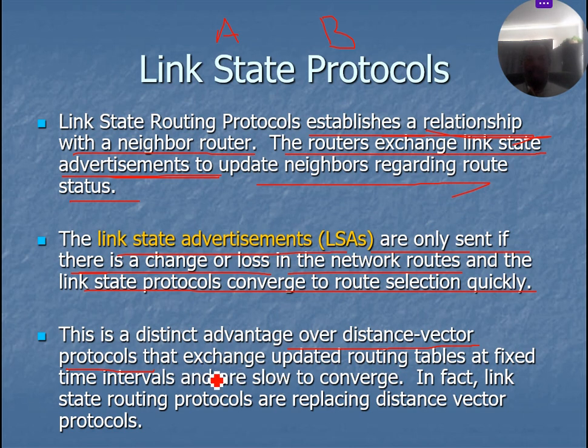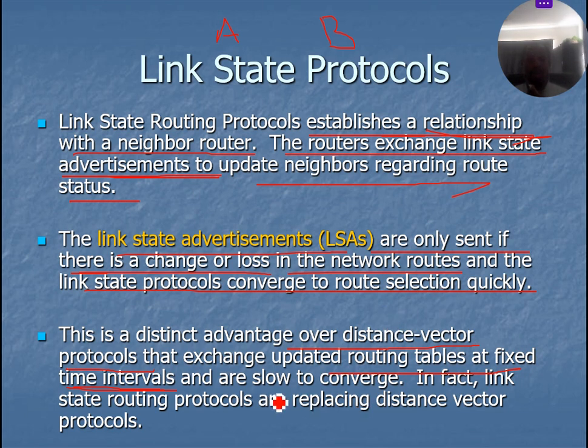The distance vector routing protocol exchanges updated routing tables at every fixed time interval, periodically. That's why we say periodic. But link state is only when there is need, when there is a change or a loss of routing information.